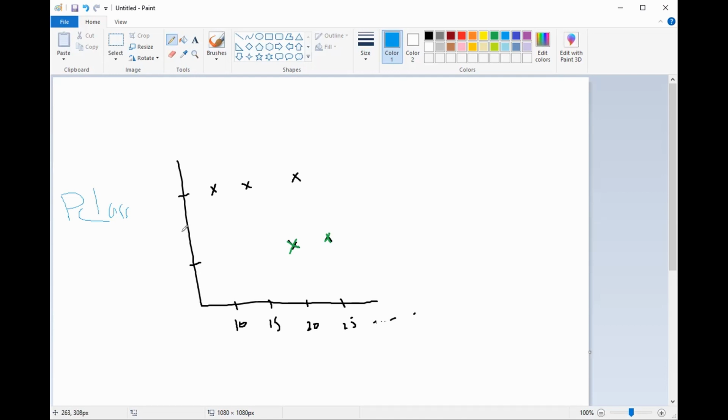Now, P class has 3 categories: 1, 2, and 3 values. And for example, let's add some more people here. Somebody who paid $15 may be traveling in second class, and the color black means that they did not survive.